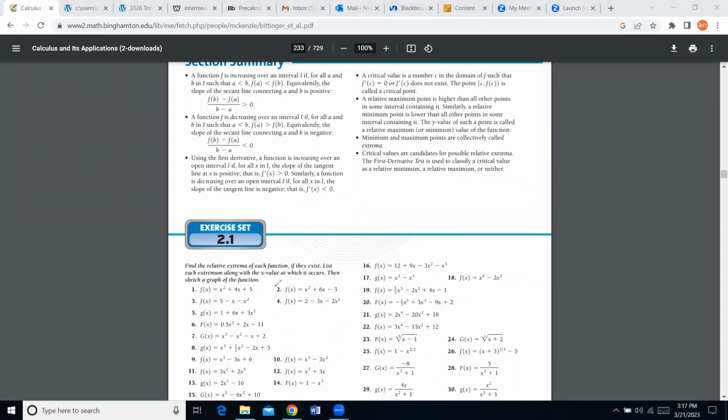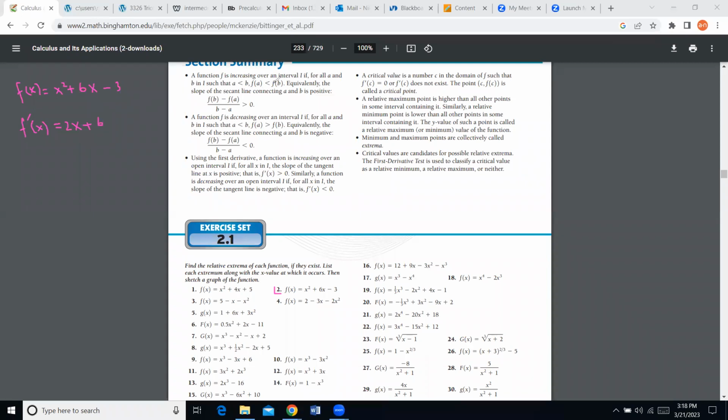So in exercise number 2, if I take a function f of x, x squared plus 6x minus 3, and then take its derivative f prime and set it equal to 0, we're going to get 2x plus 6.